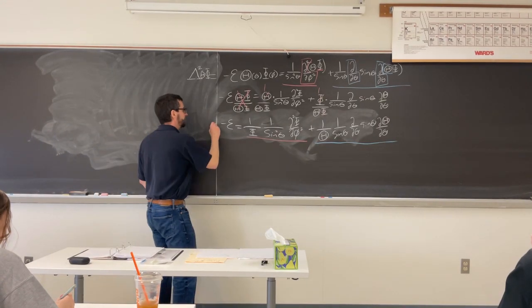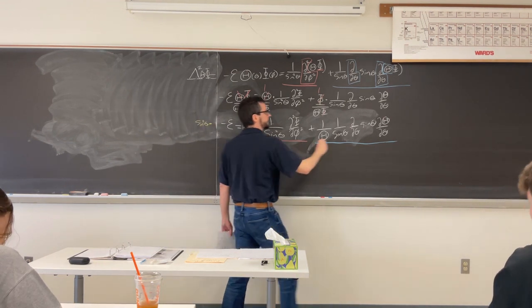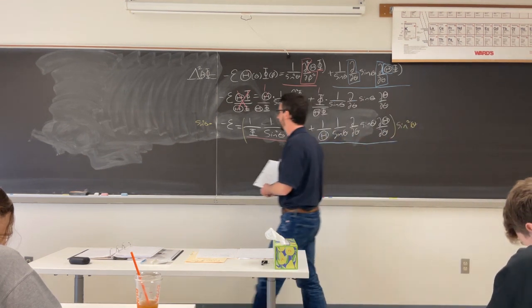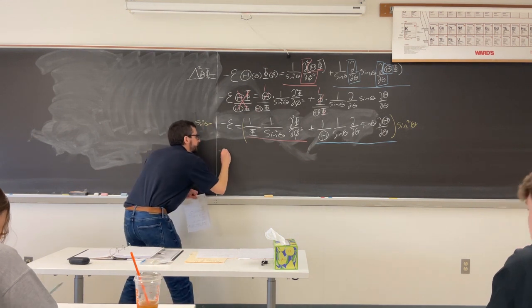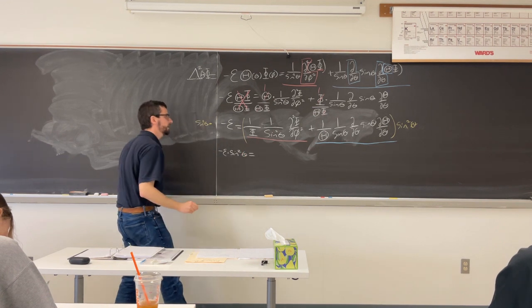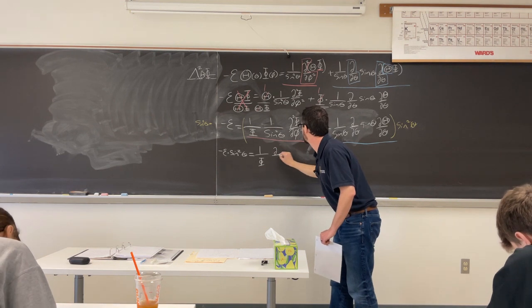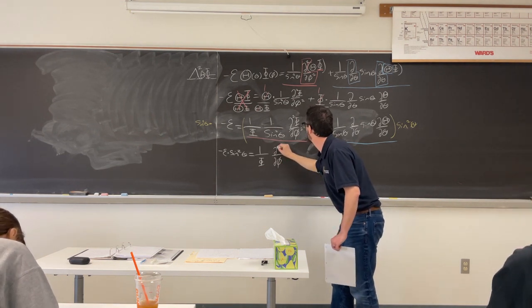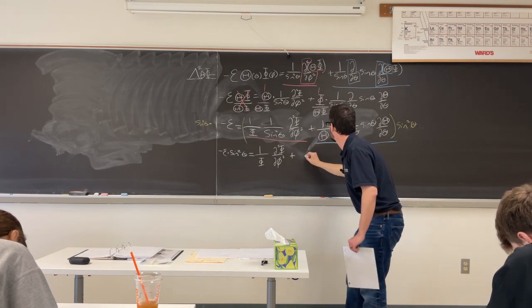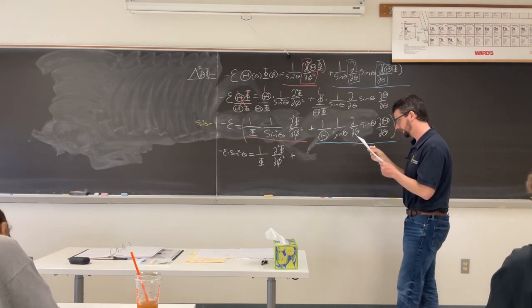Yeah. We multiply by sine squared theta. We have to do it to everything in here. So we get negative epsilon sine squared theta is equal to 1 over phi plus, the order in which I put this is important.